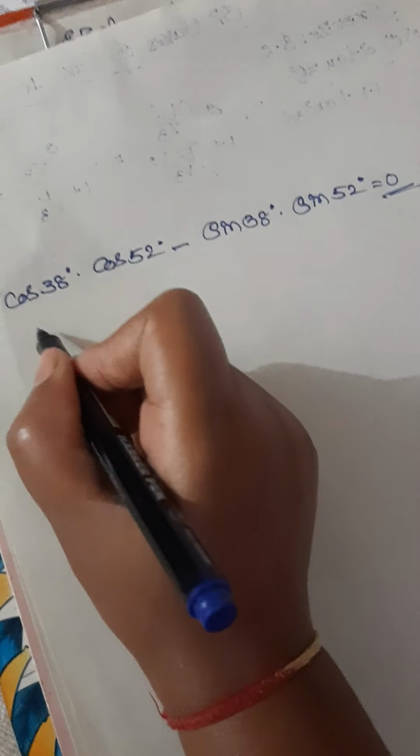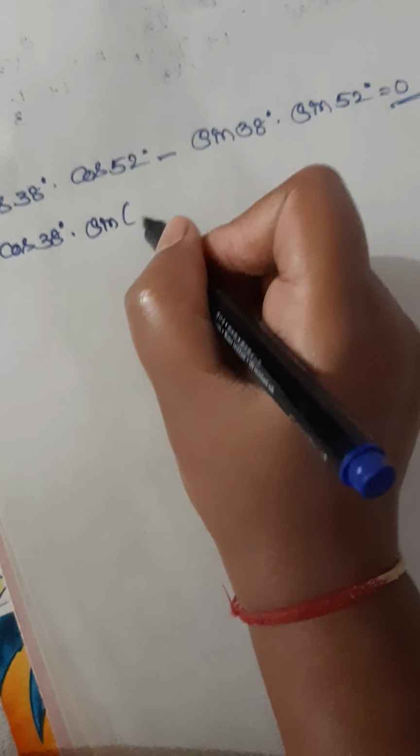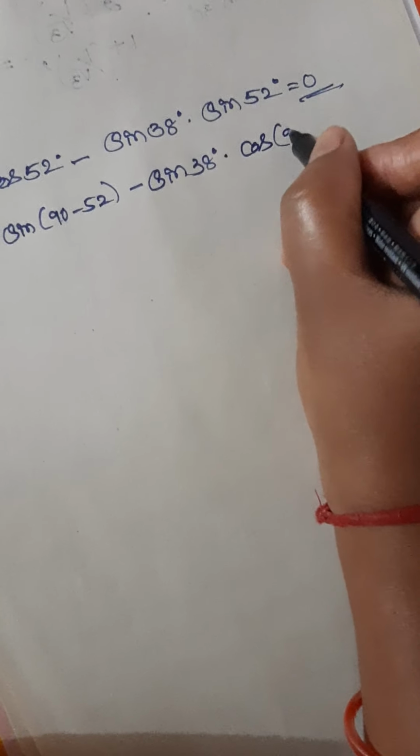So for this, cos 38 let's keep as it is because it is below 45, and sine 52 we interchange as sine 90 minus 52 minus sine 38 into cos 90 minus 52.